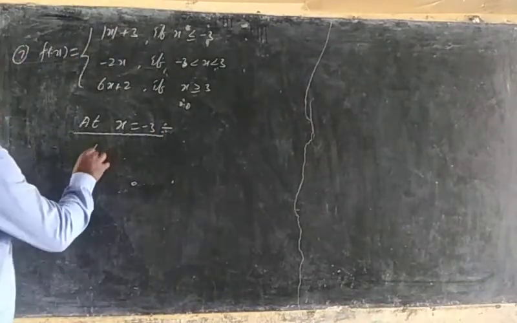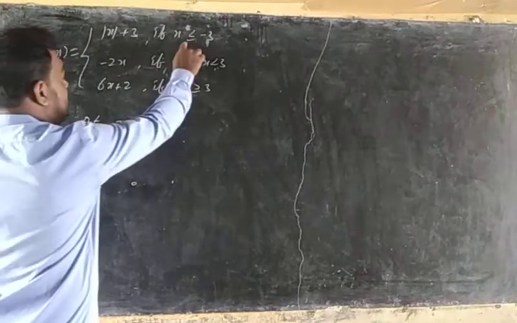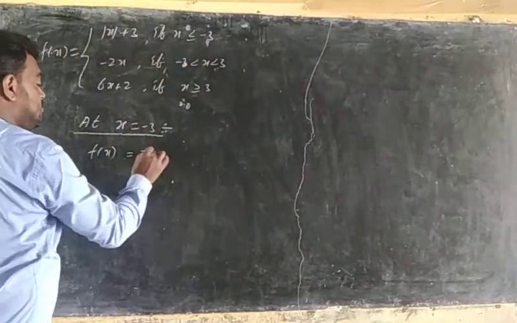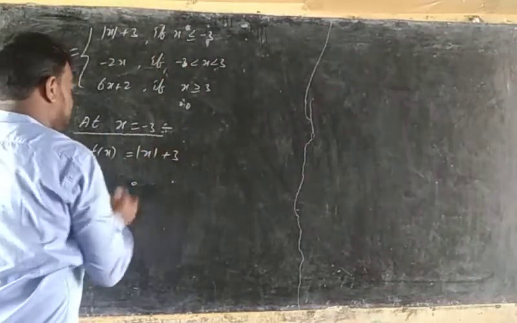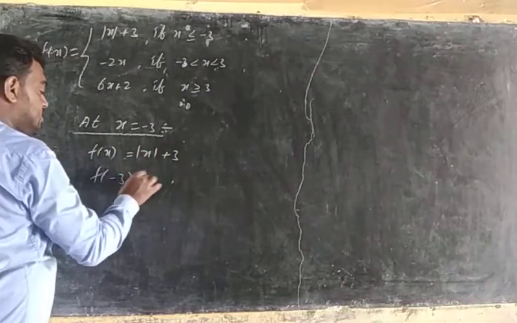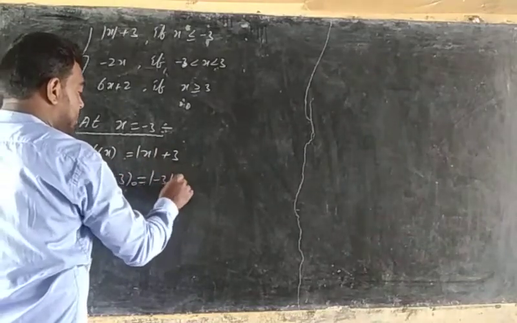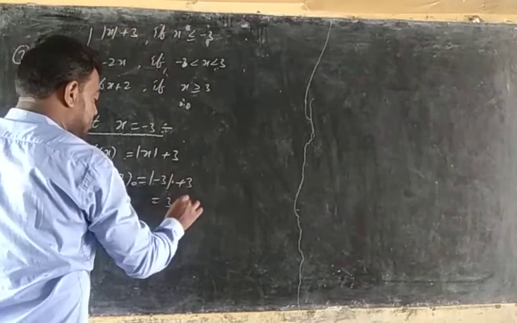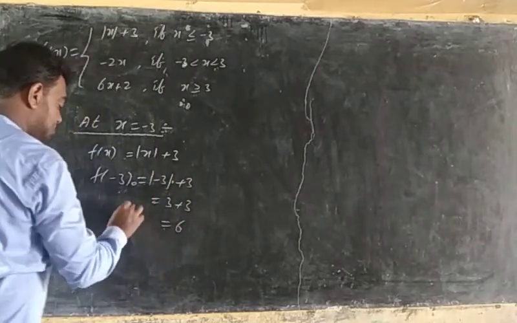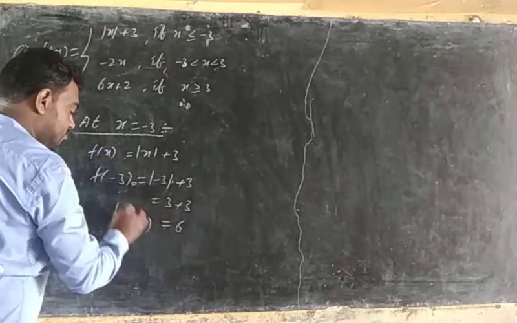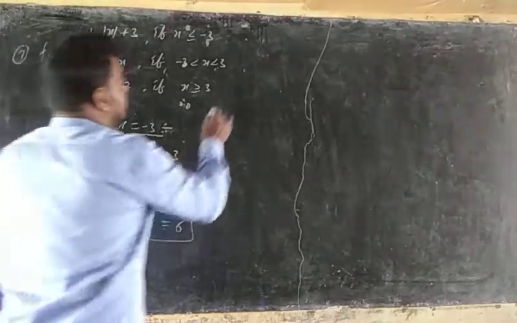At x equals minus 3, f of x is equal to mod x plus 3. Now f of minus 3 is equal to modulus of minus 3 plus 3. Modulus of minus 3 is 3, 3 plus 3 is 6, so f of minus 3 is 6.